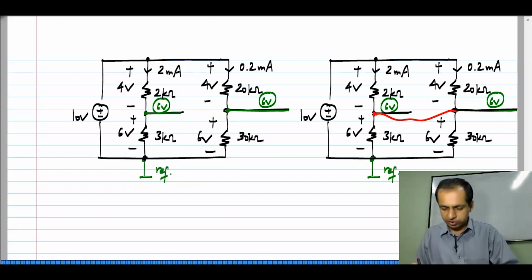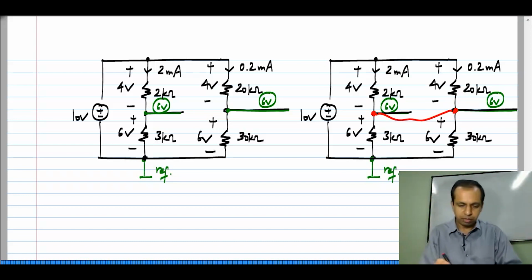And if I make this connection, forget the fact that I derived this circuit from that circuit. If you had this circuit given to you and you were asked to analyze this, you would easily see that this point is at 6 volts and the current through this is 2 milliamp, the current through that is 0.2 milliamps. Because after all, this 2 kilo ohm and 20 kilo ohm are in parallel, this 3 kilo ohms and 30 kilo ohms are in parallel.